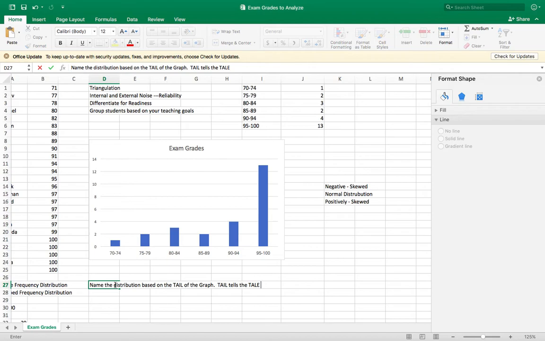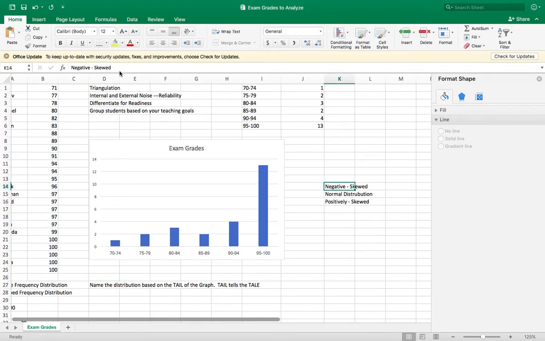Okay, so the tail of this graph, it seems to be following this kind of like upward movement. So the tail is right here. And that tail, is it more negative or more positive? It's more negative. So that is going to be described as a negatively skewed distribution.